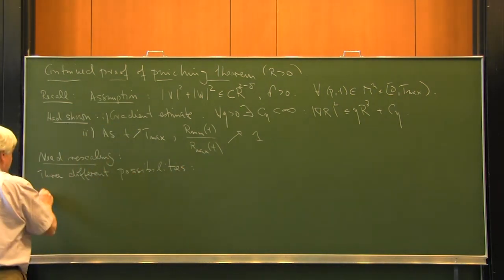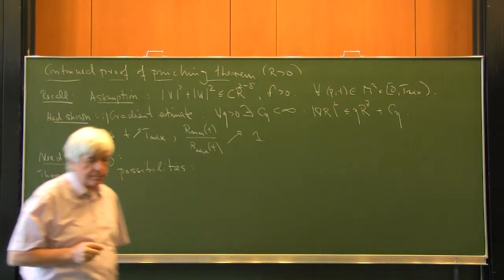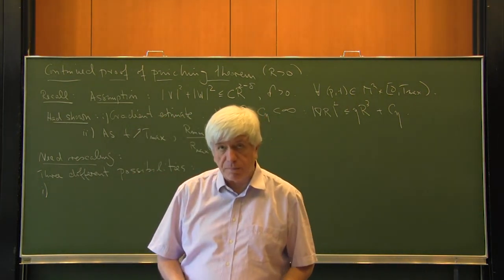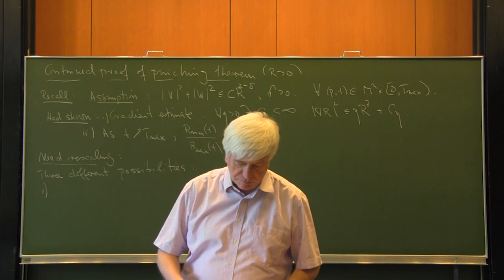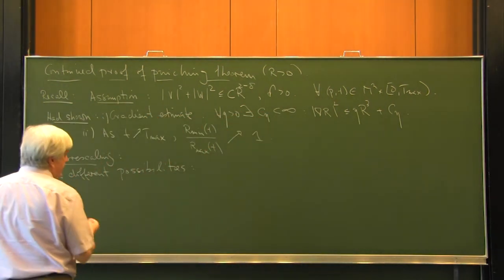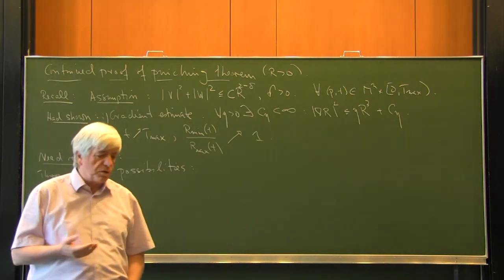The first possibility, and that's the one that Hamilton did in his original paper, and that we're going to use in a moment, is that you rescale in order to keep the volume constant.